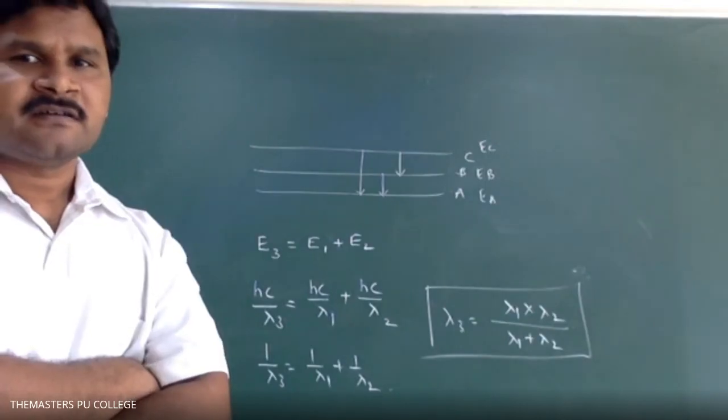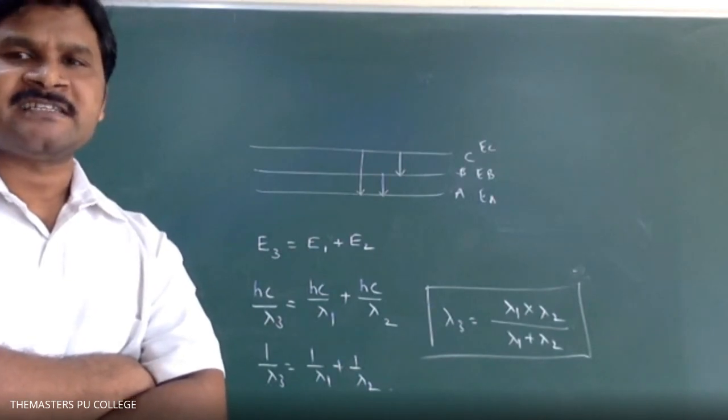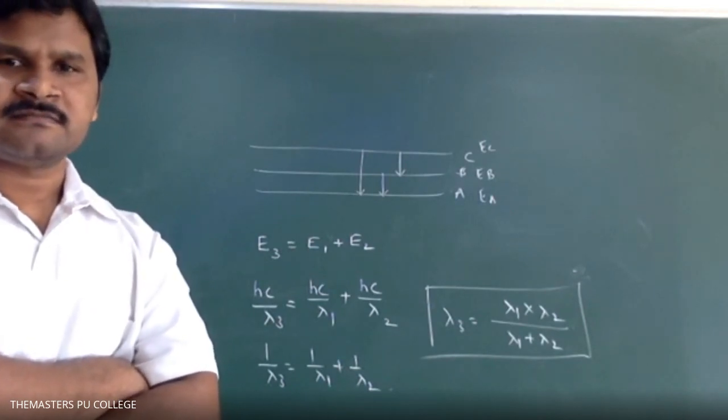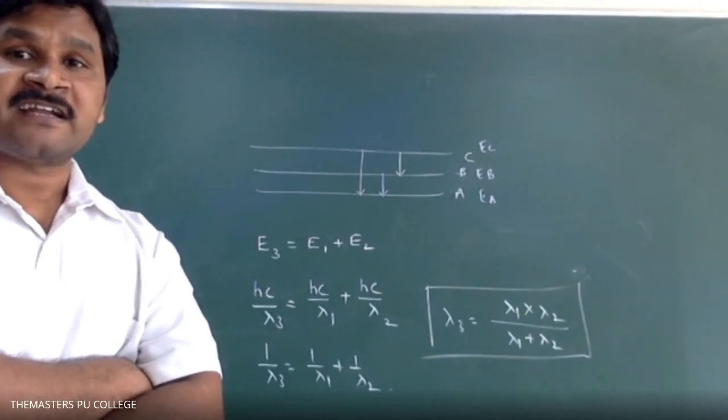Sir, lower orbit will have higher energy, sir? Lower orbit will have lower energy. As the n value increases, energy increases. Sir, minus 13.6? Yesterday I told clearly that is for the electron.